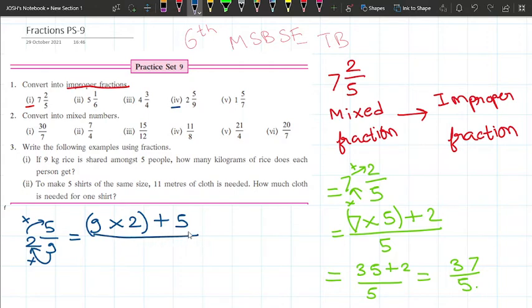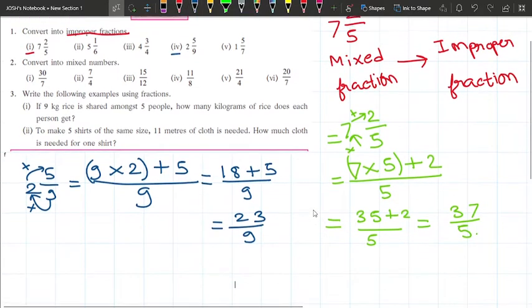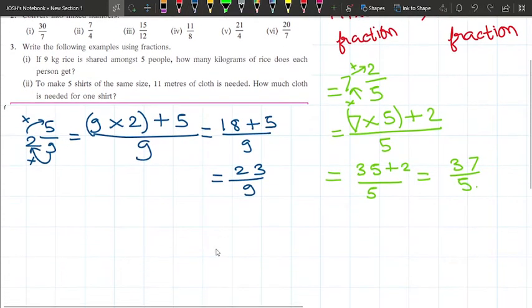We are using brackets to show that first we will multiply 9 and 2 and then add 5 to the product of 9 and 2. And the denominator will remain as it is. So it will be 18 plus 5 divided by 9. So you get 23 divided by 9. Now the other questions are similar, so you can do them.